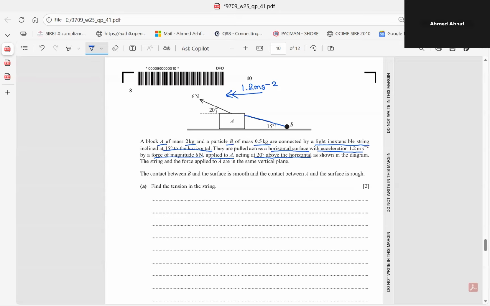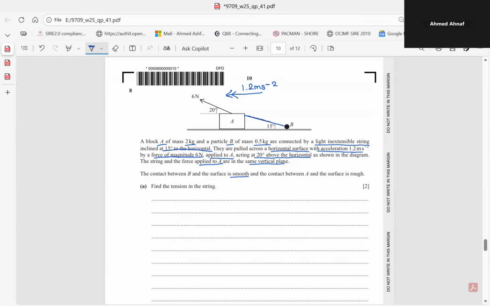The string and force applied to A are in the same vertical plane. And the contact between B and the surface is smooth.